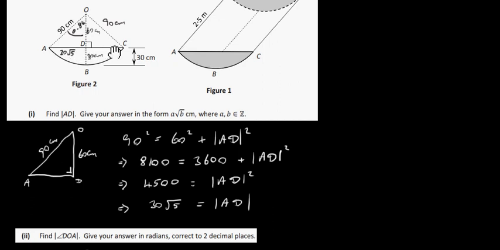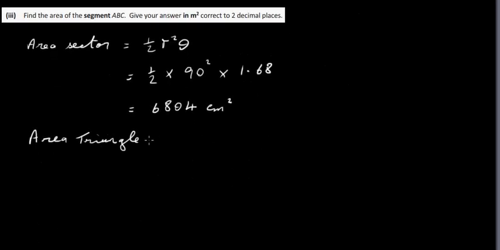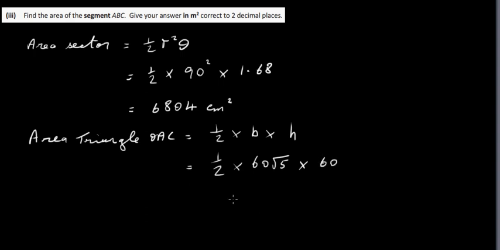So it's half times 60 root 5, doubling the 30 root 5 that we got in part 1, and then our height is 60.